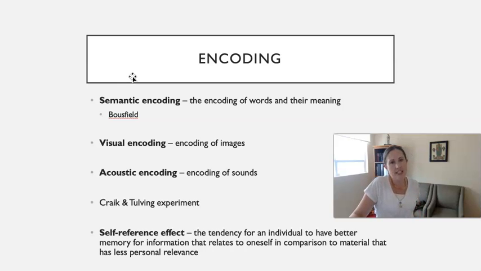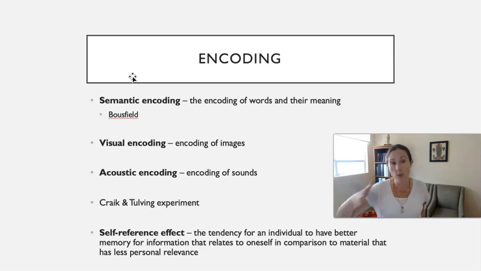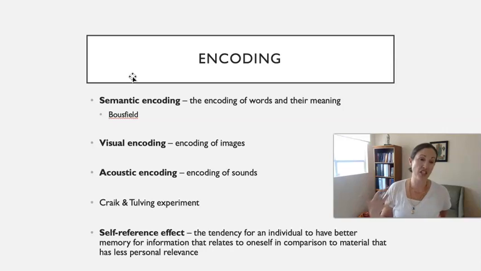Semantic encoding is the encoding of words and their meaning. So you remember the meaning of what the word is. And Bousfield did an experiment with this. When we are getting information into our memory, when we are encoding, we especially like to use semantic encoding.